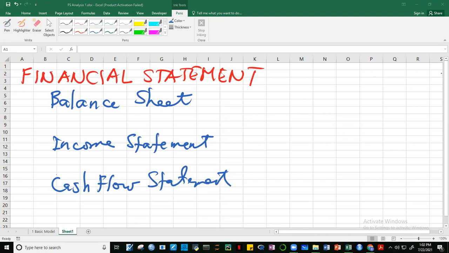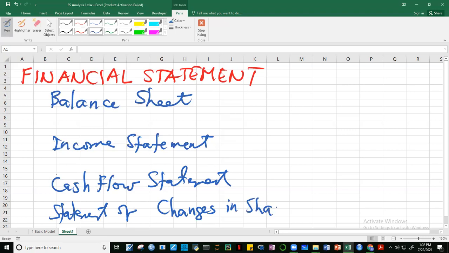Ayan, okay. Statement of changes in equity.